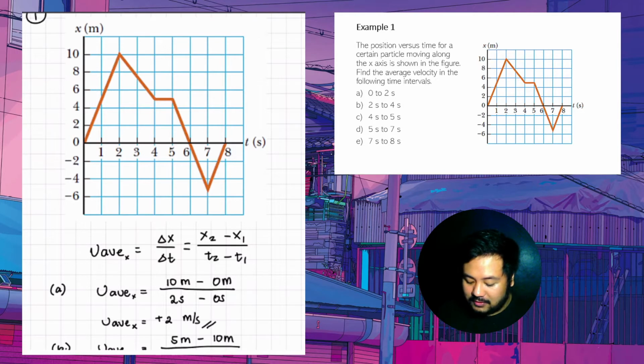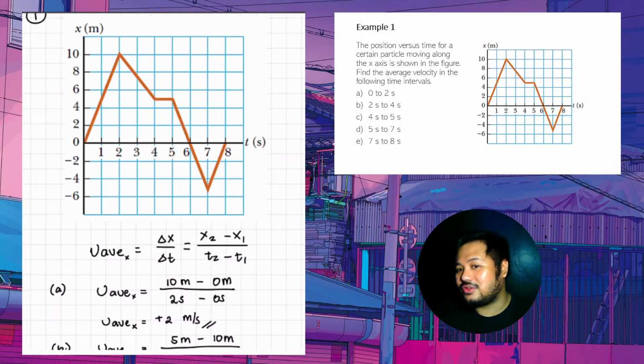Your average velocity along the x-axis is positive 2 meters per second. Again, positive 2 meters per second. Take note that slopes will always give you a positive or negative value, and as you can see by inspection, for that time interval we should get a positive slope, or a positive average velocity.